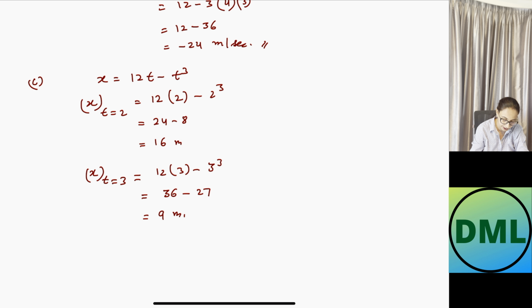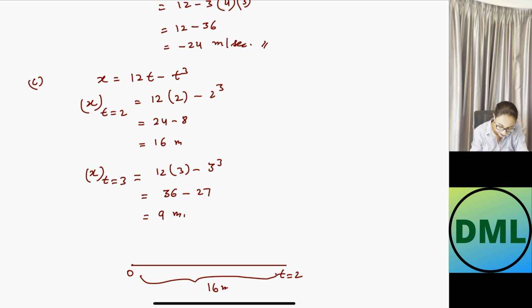If we draw the diagram here, you started from O and at t equal to 2, you have covered a distance of 16 meters. At time t equal to 2, you took a turn and you are moving towards the origin O and you reached the point here at t equal to 3, and you covered a distance of 9 meter from the origin O. I have to calculate the distance traveled by the particle in 3 seconds.